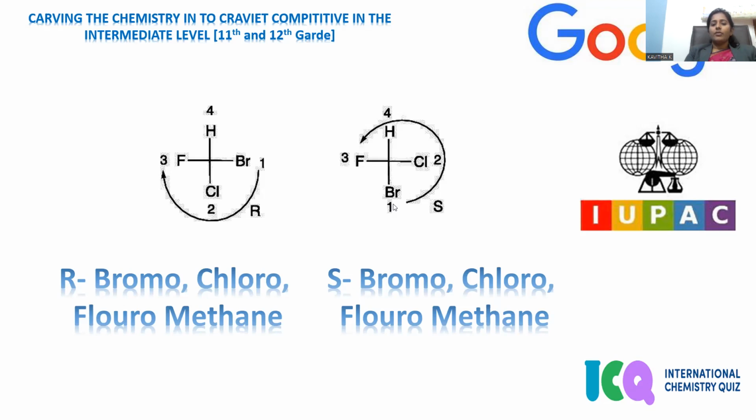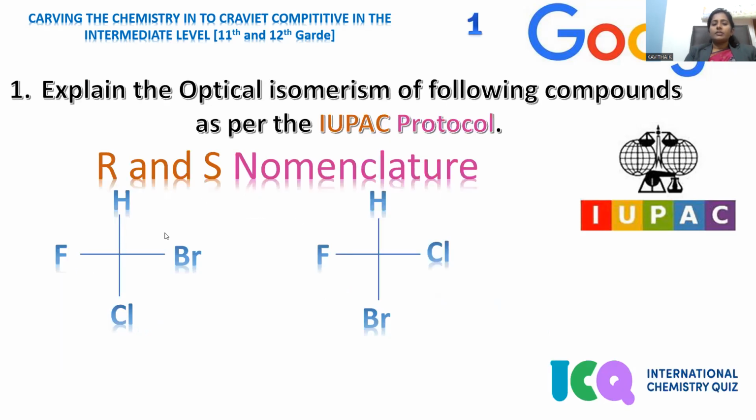And this is the compound where you can find S. Remaining are the same. Whatever the position, alphabetical order is to be followed, that's the reason why S-bromochlorofluoromethane can be mentioned for compound number 2. This is the way configuration and subsequently the IUPAC name will be assigned in this optical isomerism.